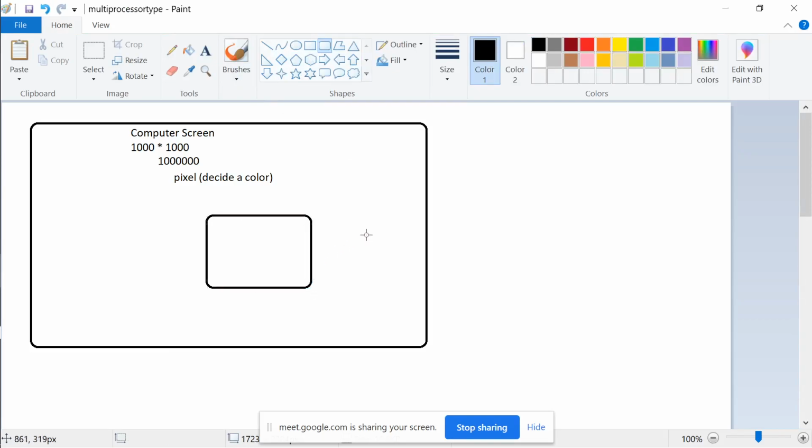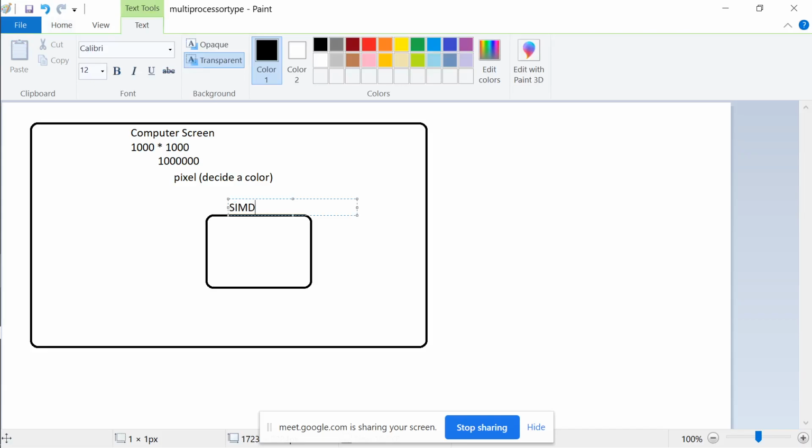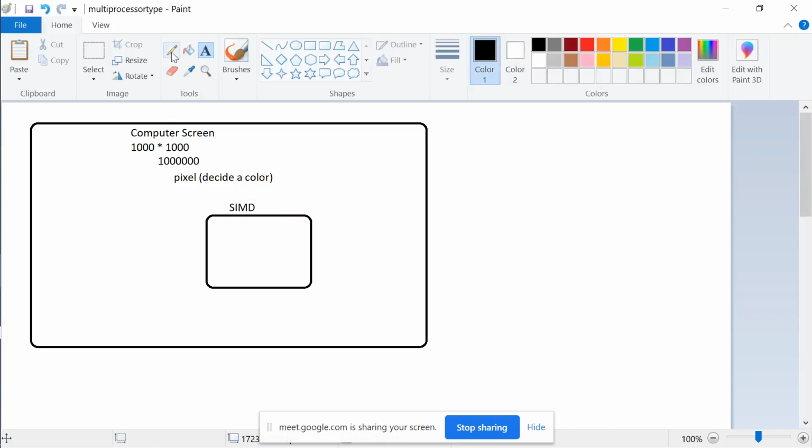So let's say this is my SIMD processor. I can have one instruction, which is decide the color, coming from here.